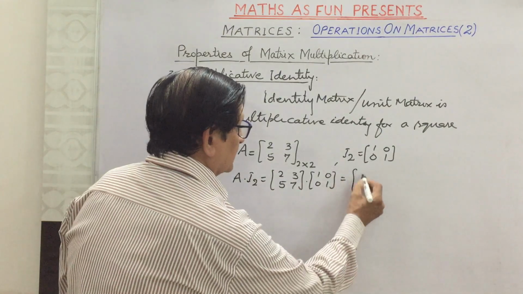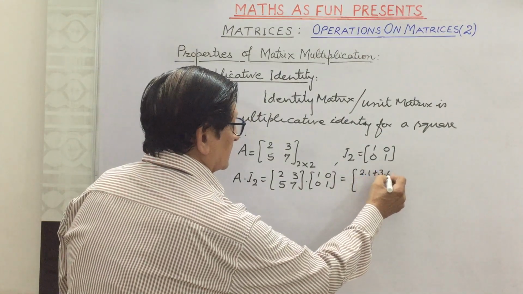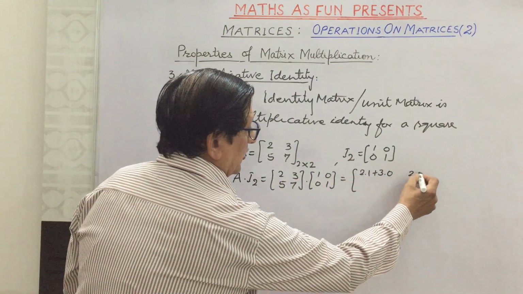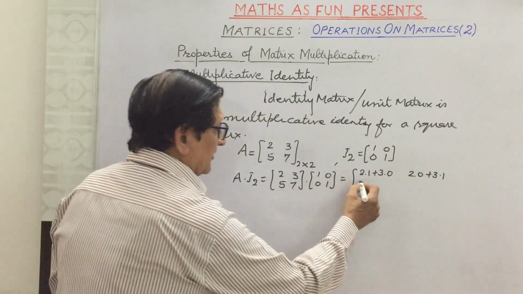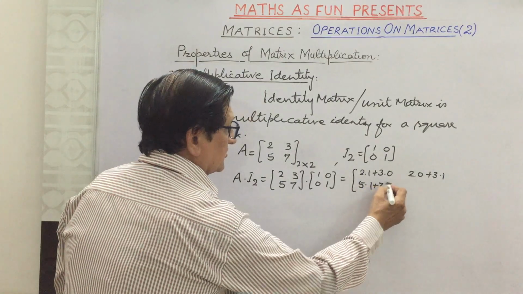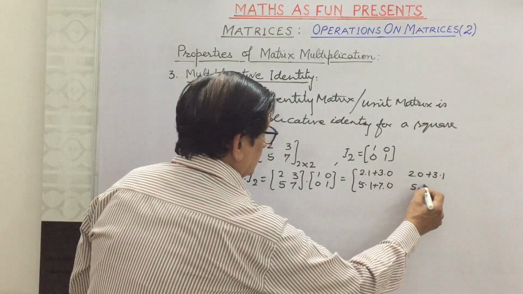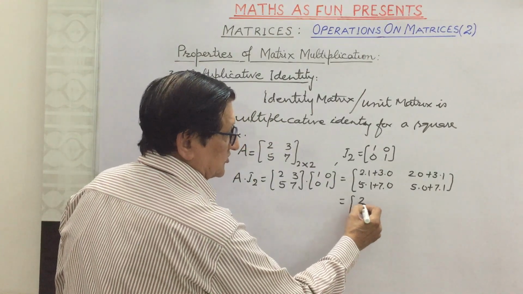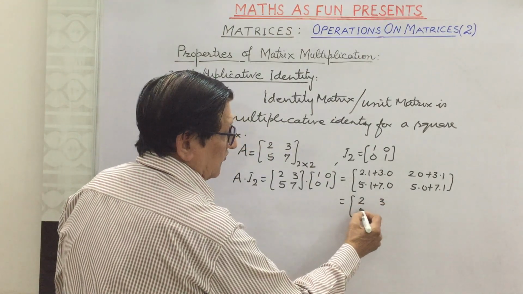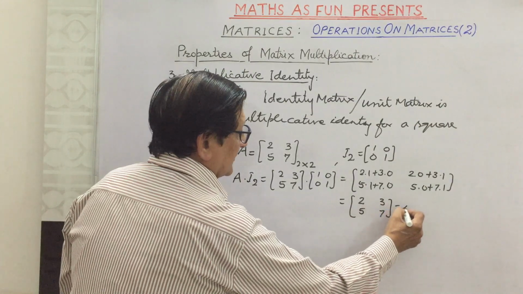The multiplication here is 2 into 1 plus 3 into 0, 2 into 0 plus 3 into 1, 5 into 1 plus 7 into 0 and 5 into 0 plus 7 into 1. What we find? This is 2, 3, 5 and 7, same as A.